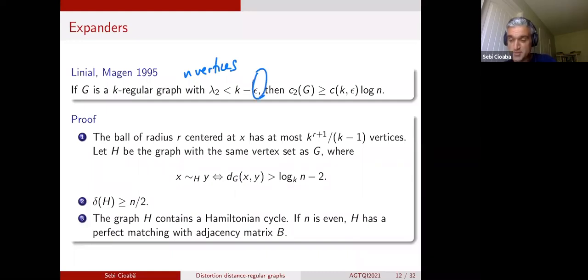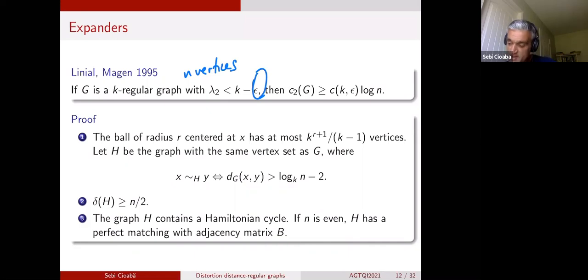You have some non-trivial spectral gap between k and lambda 2. Then they prove that there is some positive constant that depends only on k and epsilon, such that the least distortion of the graph is at least this constant times log n.